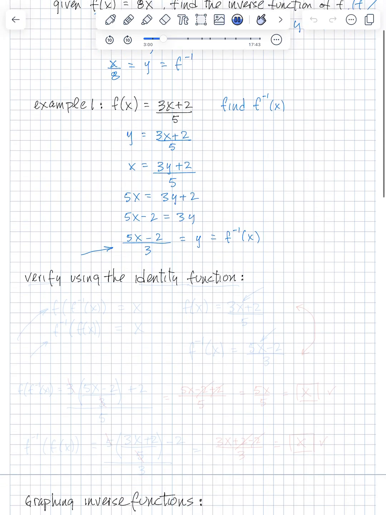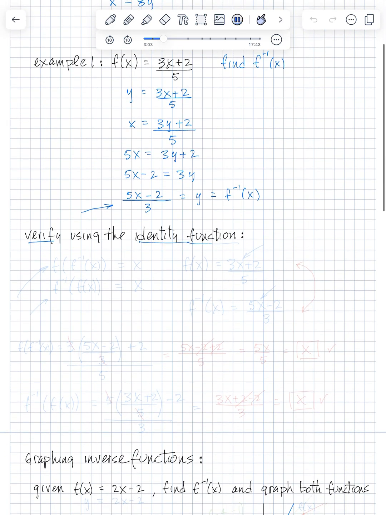Okay, so now we want to verify that 5x minus 2 over 3 is actually the inverse function. And we want to verify it using the identity function. Well, the identity function says f of f inverse of x is going to be equal to x. And also, f inverse of f of x is also equal to x. So let's rewrite our f of x and f inverse of x.